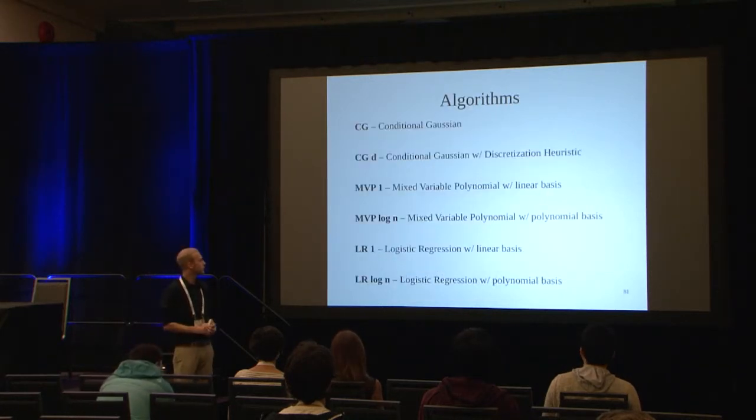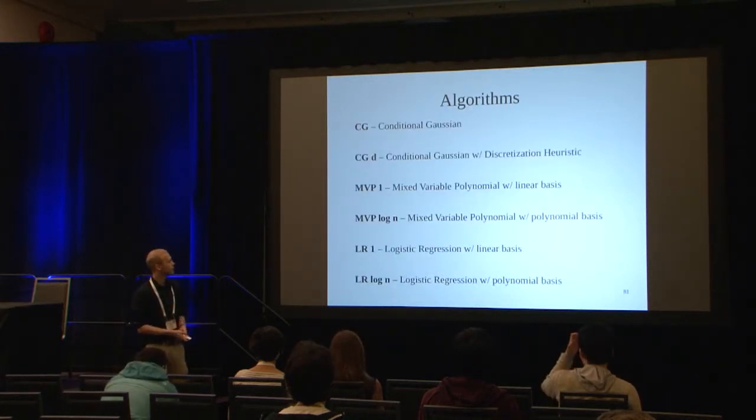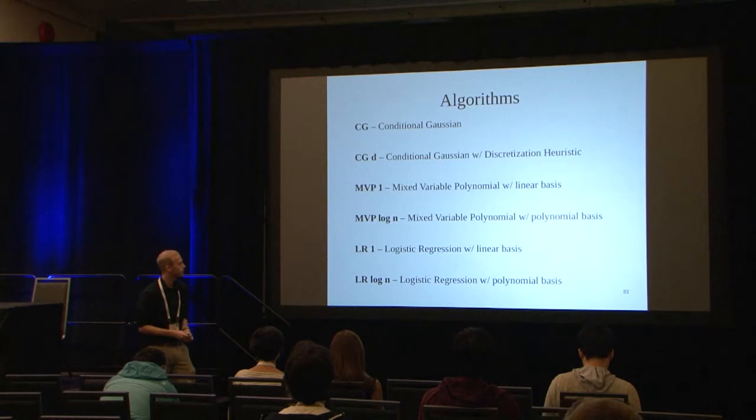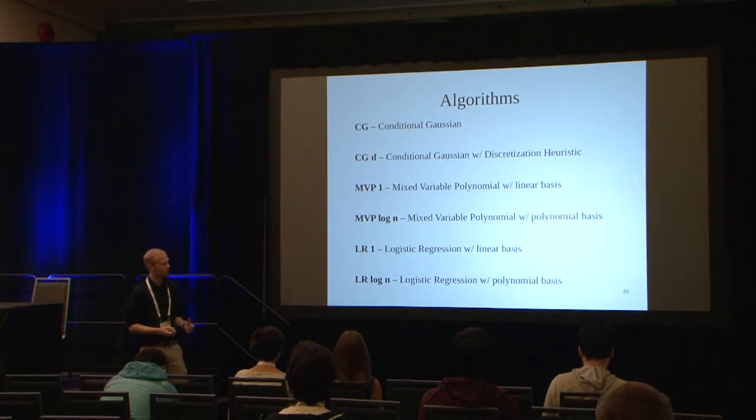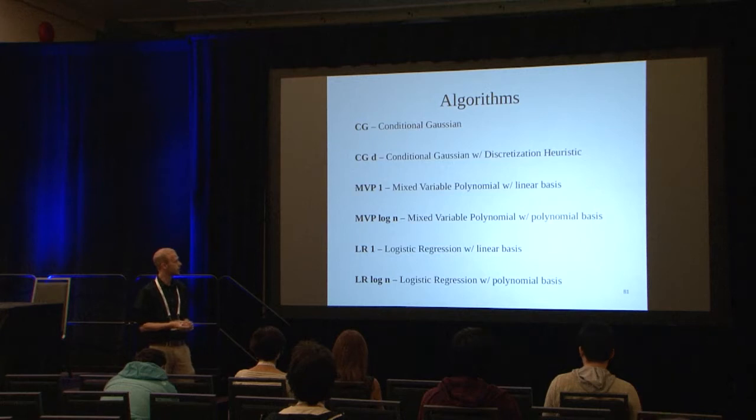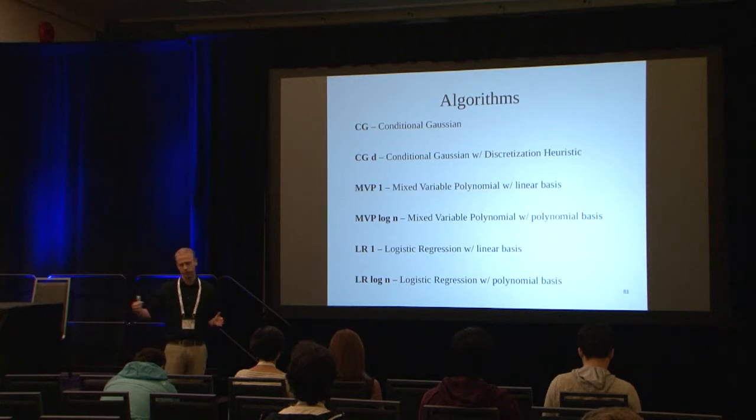Using those simulations, we tested the following algorithms: the conditional Gaussian algorithm with the discretization heuristic, mixed variable polynomial with a linear basis. So that's not really polynomial, but it just used the linear term to do its approximations. Then MVP log n uses a polynomial basis from linear all the way up to the log nth degree.